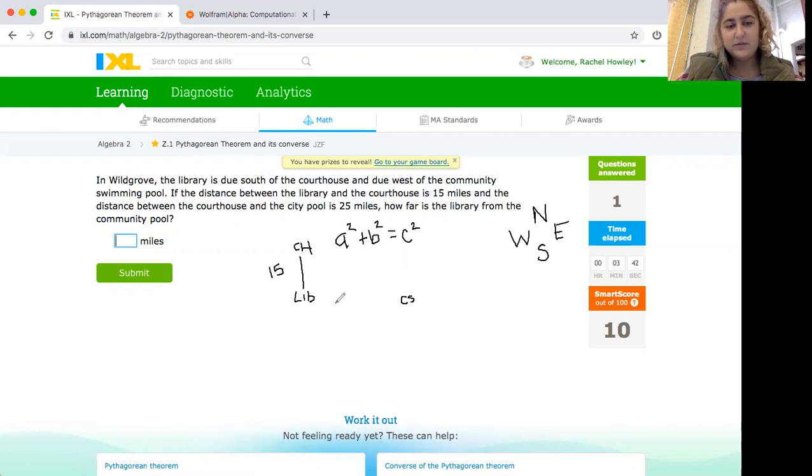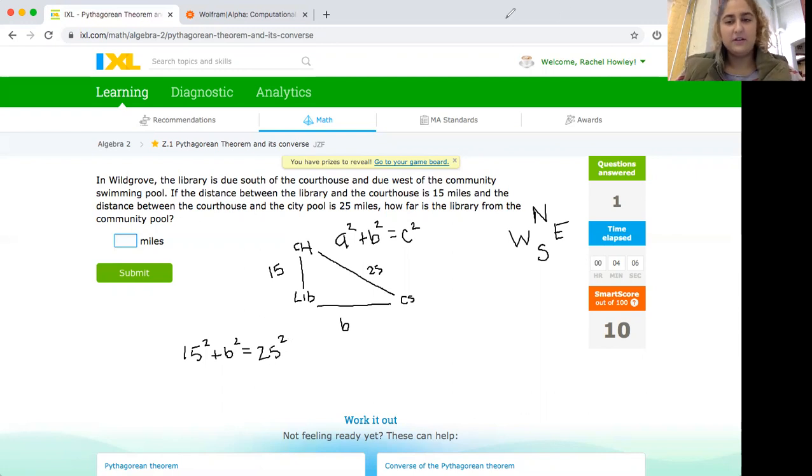The distance between the courthouse and the city pool is 25 miles, and we need to figure out what this side, we'll label it b, is. So I have 15 squared plus b squared equals 25 squared.